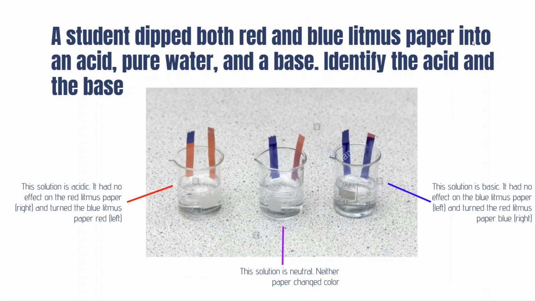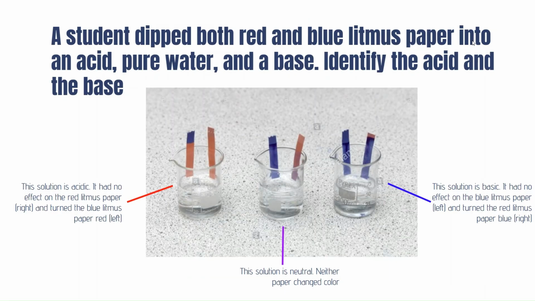And I can see that when it was dipped into the solution, the one on the left that was blue has now turned red, and the one on the right was already red and stayed red. It didn't change color. So because blue turned red, that's acidic.